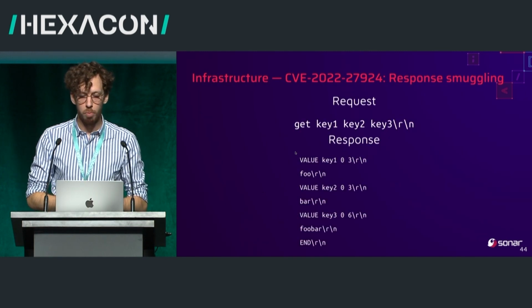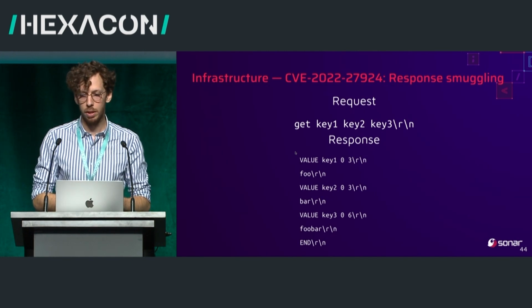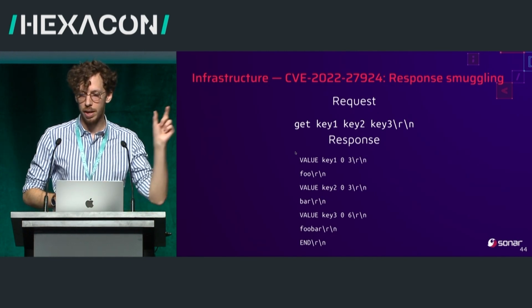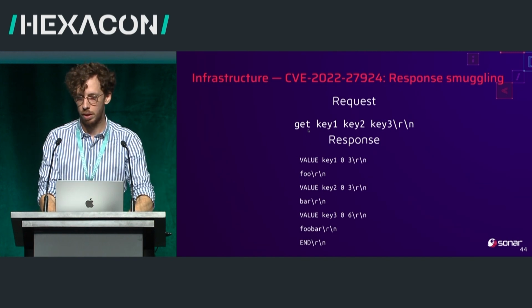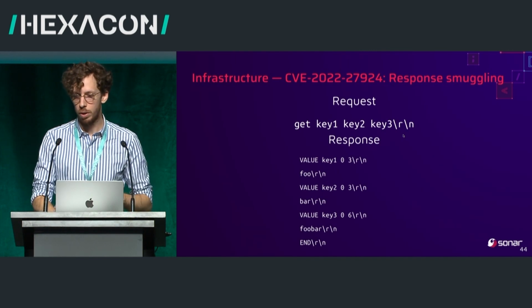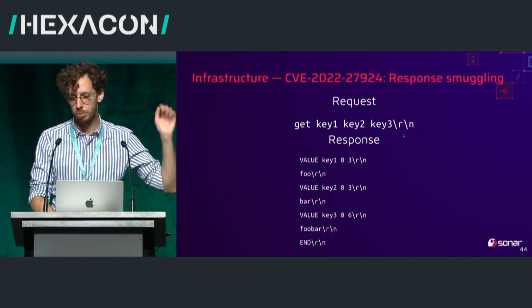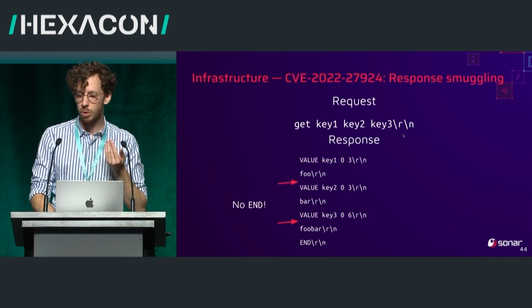And this combines with something called a bulk request in the case of Memcache. Like you see in this case, we have get, which is the operation, and then we get key1 space key2 space key3. It's going to return something that way, which is the value for key1, okay, foo, the value for key2, which is bar, the value for key3, which is foo bar. But as you see, there is no END in this case.